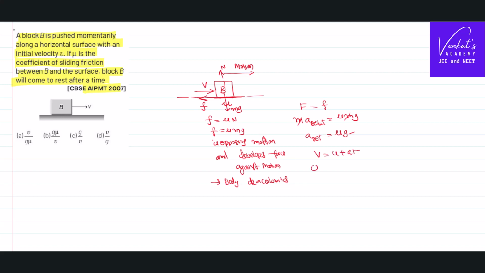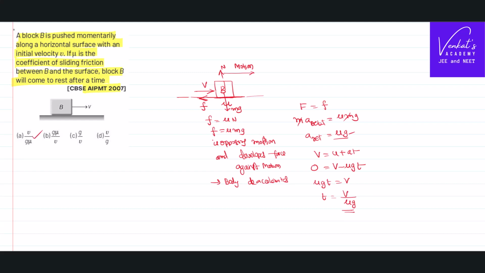It finally stopped, so v equals 0. u is given as v. a equals minus mu g because it is retardation, and time t. So mu g into time t equals v. The time after which it stops is v by mu g. So after a time of v by mu g, the body gets stopped.